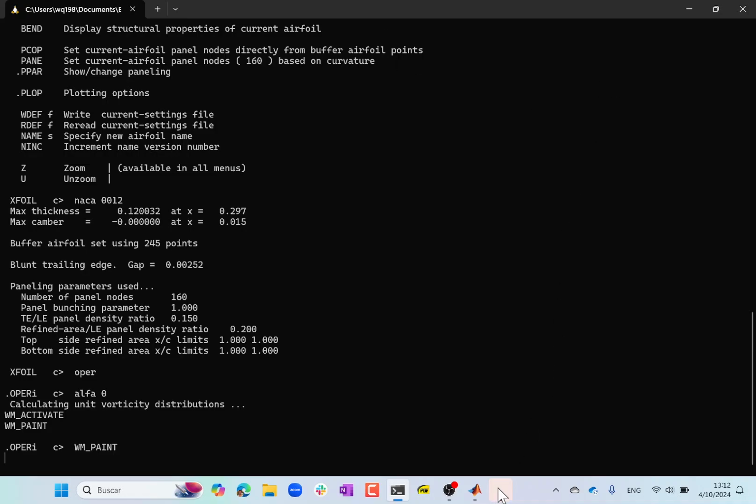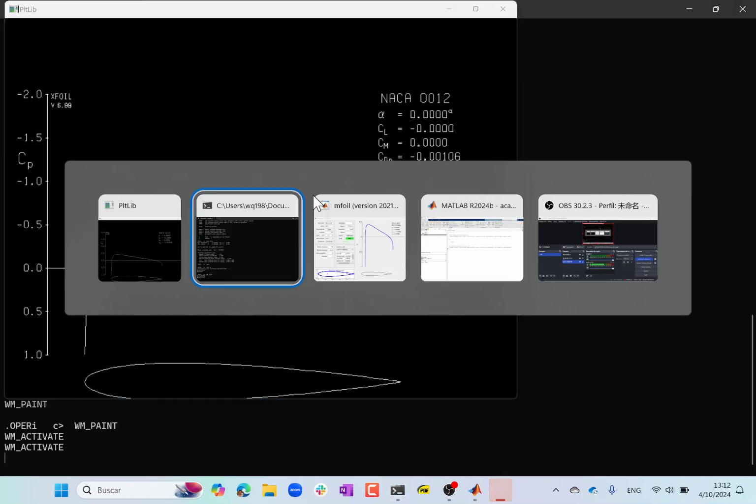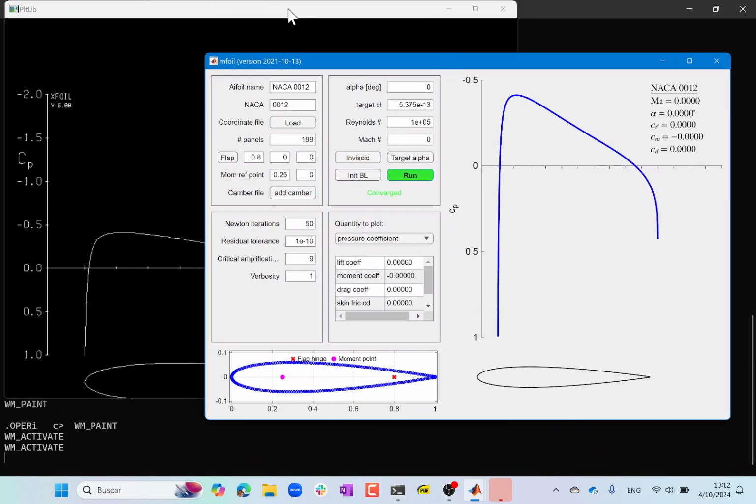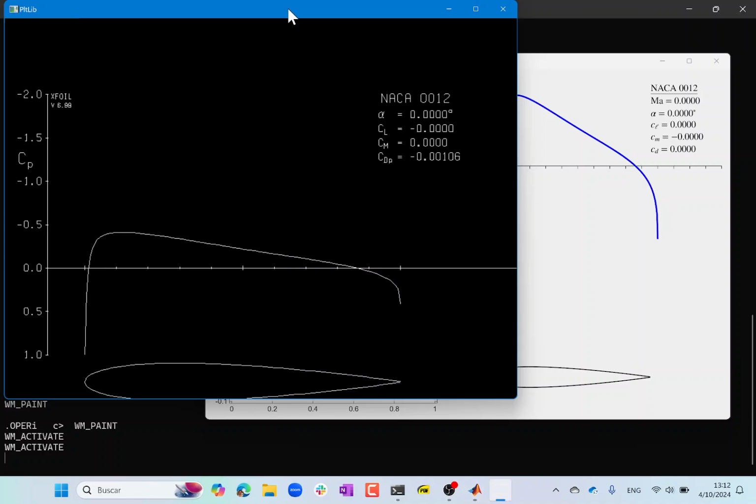That should get you a plot similar to what you get in Mfoil. This is what you get in Xfoil, this is what you get in Mfoil. Yes, that's good, that's the plot I also got.